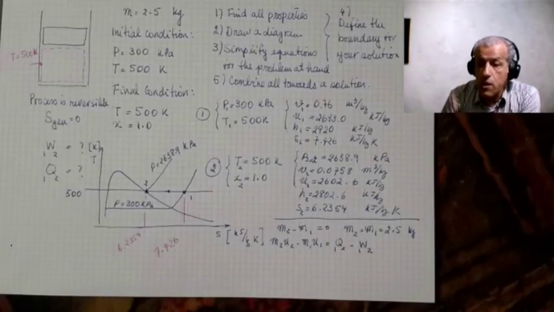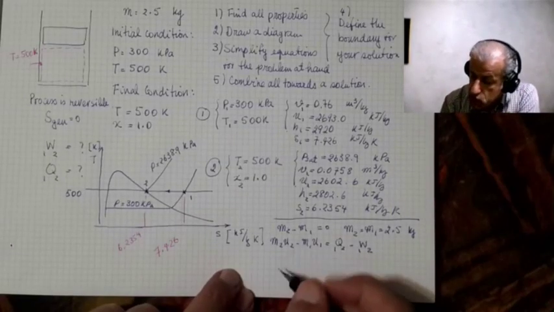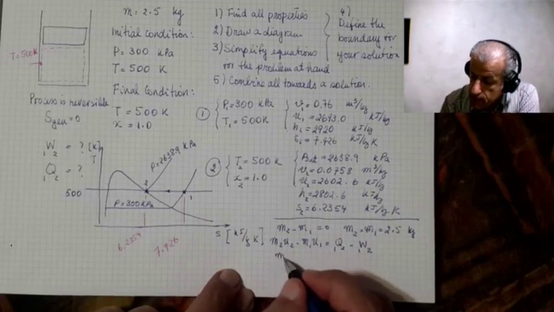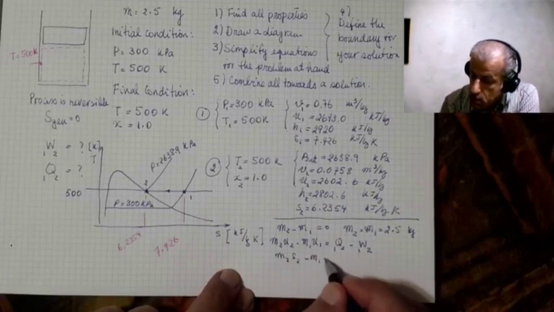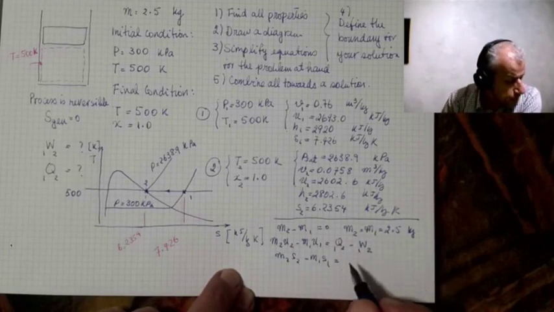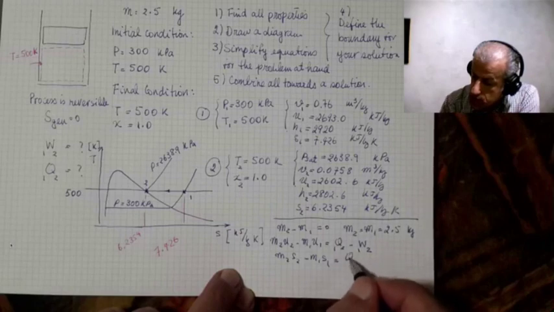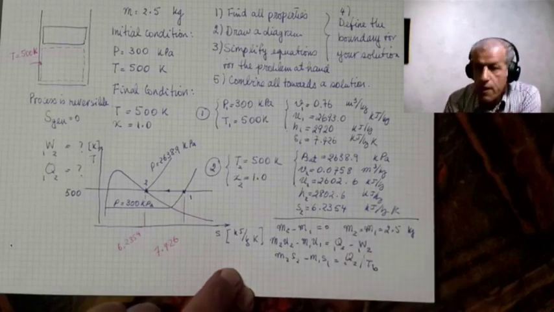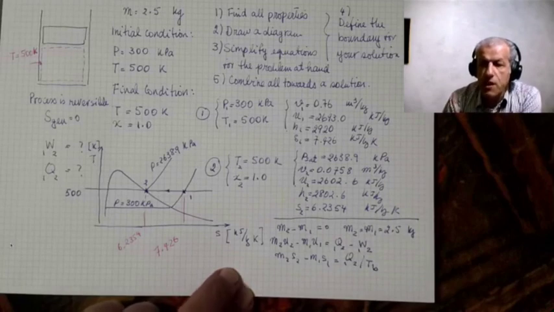So what I would write is M2S2 minus M1S1 equals Q12 divided by TB, the temperature of the boundary.